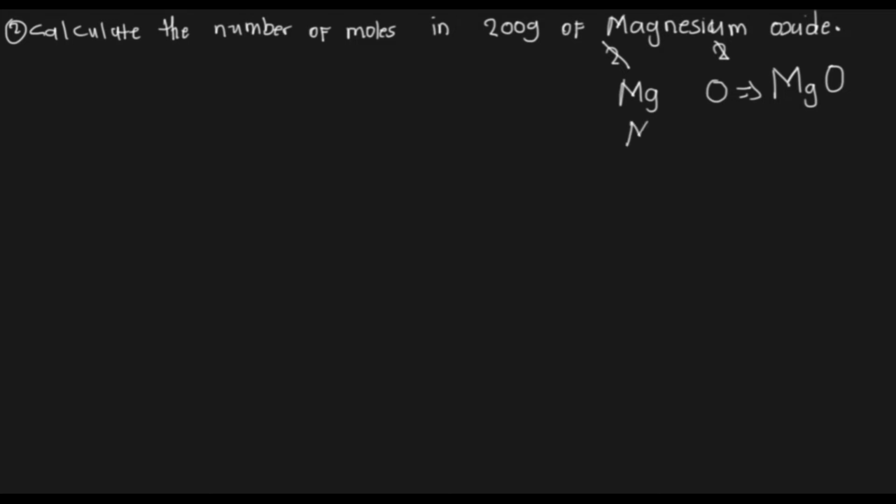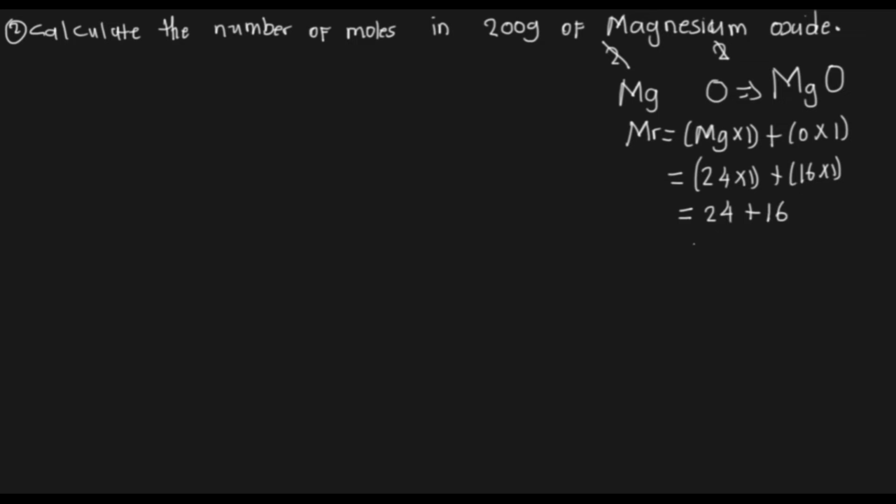So we can say Mr is equal to magnesium multiplied by 1 plus oxygen times 1. The mass number for magnesium is 24, times 1, plus 16 multiplied by 1. 24 times 1 is 24, plus 16 times 1 is 16.